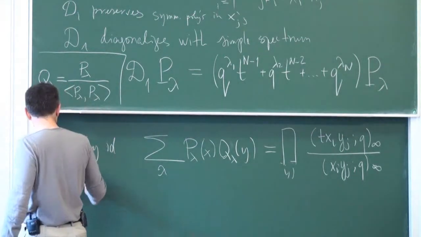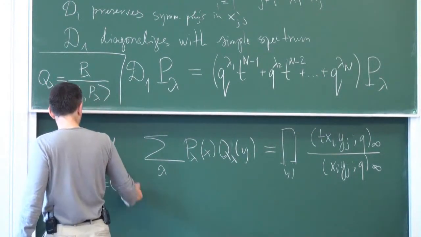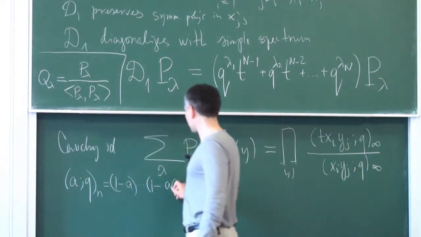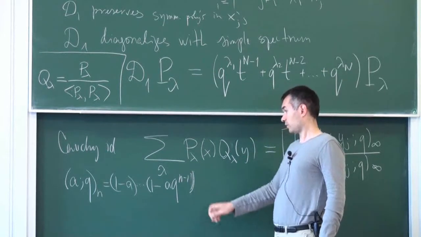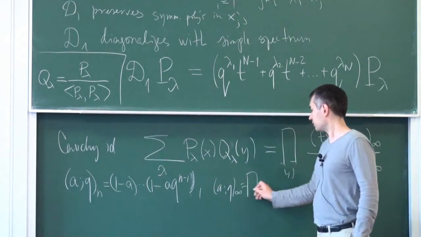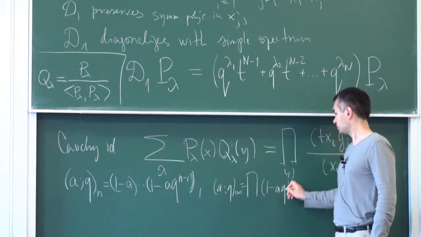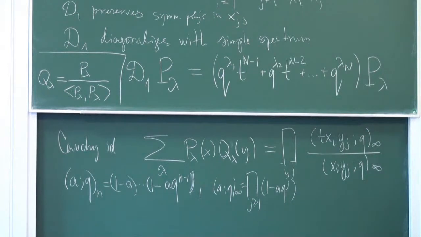So (a; q)_n is (1 minus a) ... (1 minus a q^(n-1)), the product over a geometric progression, and (a; q)_infinity is the infinite product of this form. So this is the Cauchy identity.